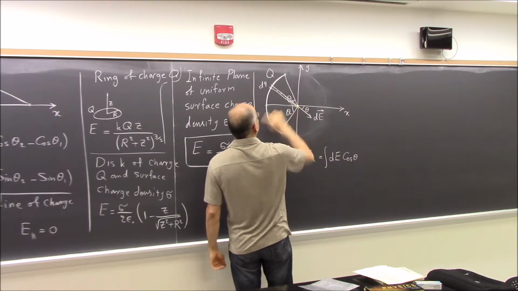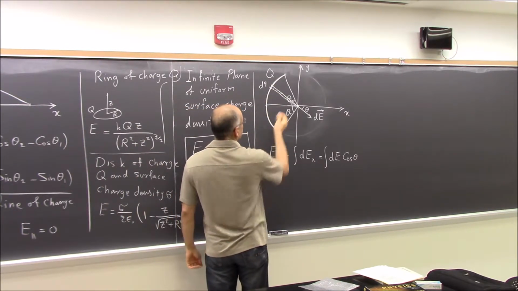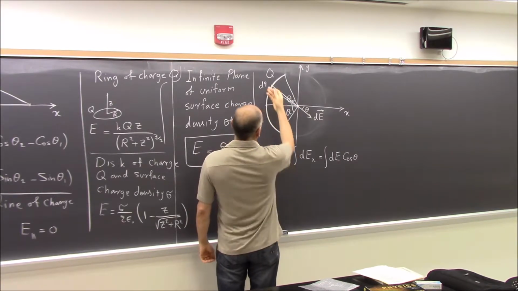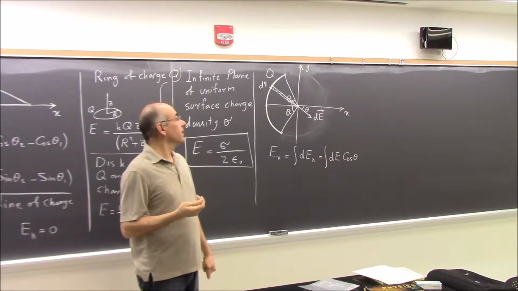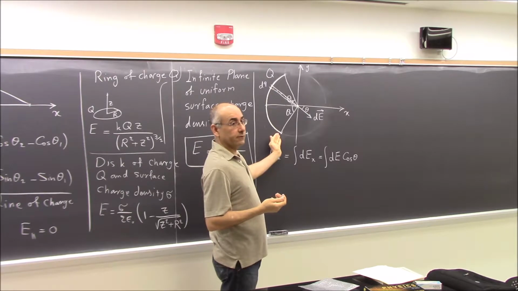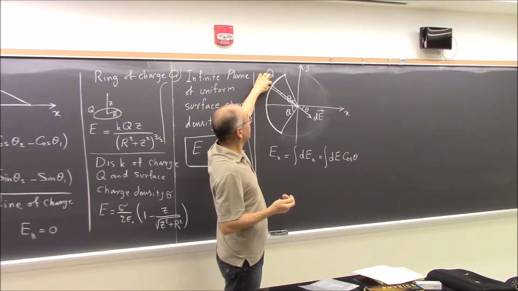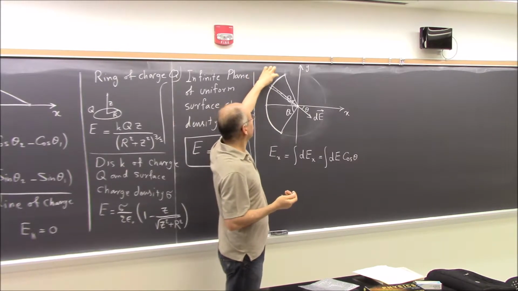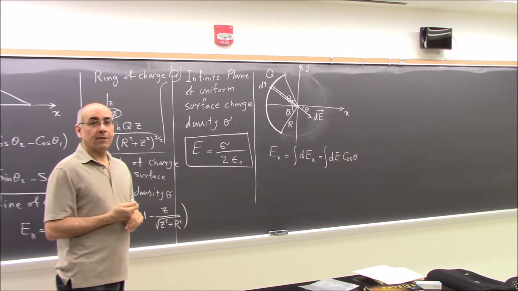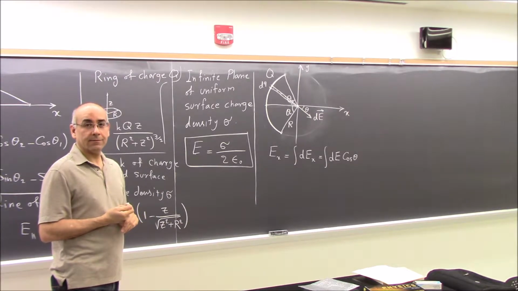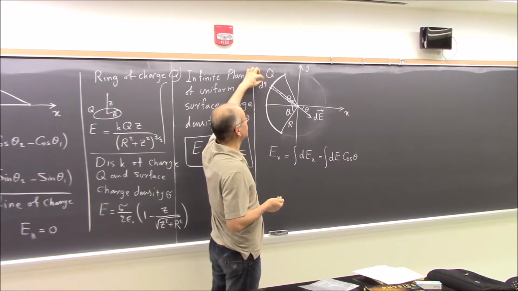So I'm terrible at drawing things. If this subtends an angle d theta and it's at angle theta, what is the charge in terms of d theta? What is dq in terms of d theta? If the total charge is q and the total angle is 2 theta naught, and the angle of this is d theta, what is dq?